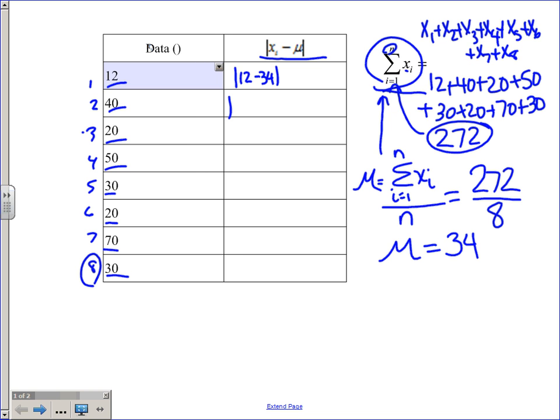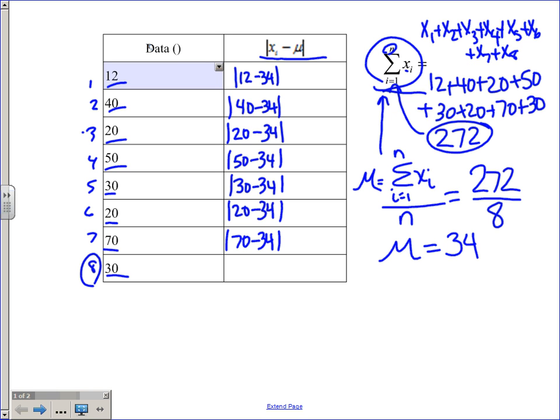In this case, the absolute value of 40 minus 34. The absolute value of 20 minus 34. The absolute value of 50 minus 34. The absolute value of 30 minus 34. The absolute value of 20 minus 34. The absolute value of 70 minus 34. And the absolute value of 30 minus 34.